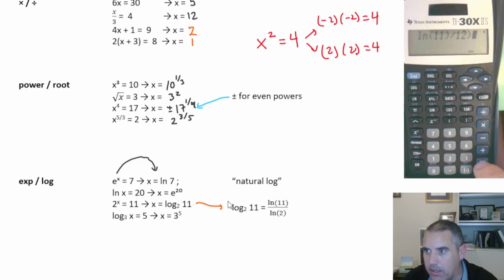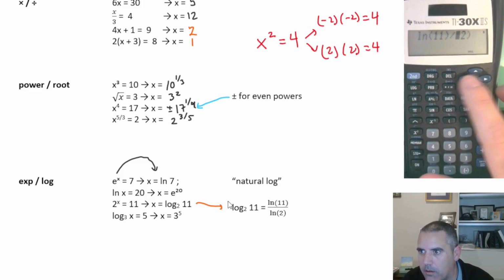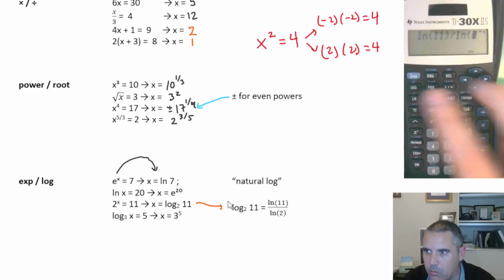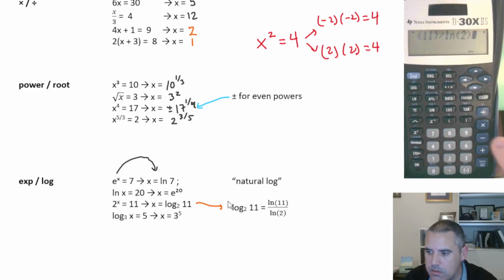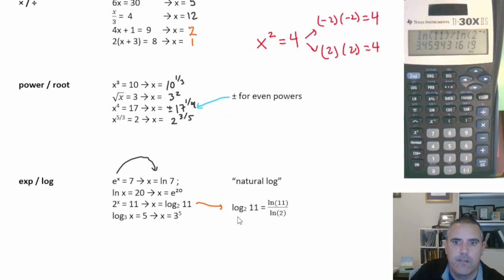And once again, at any point, if you are worried or confused, you do an example. You get this number, whatever it is, 3.45. And you go back and you plug it in. You say, is 2 to that number 3.45?